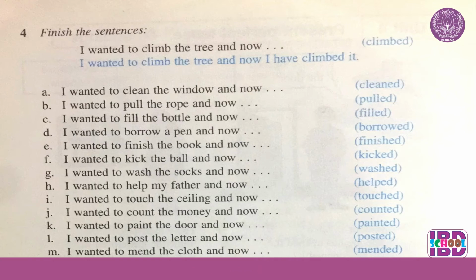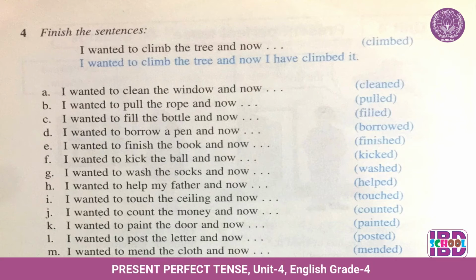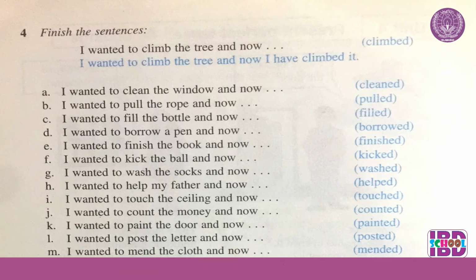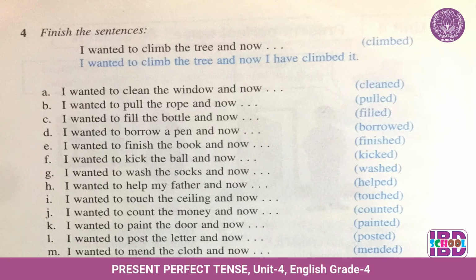G, I wanted to wash the socks and now I have washed them. H, I wanted to help my father and now I have helped him. I, I wanted to touch the ceiling and now I have touched it. J, I wanted to count the money and now I have counted it.